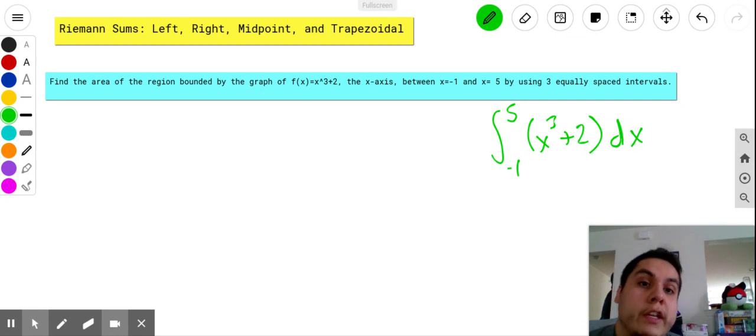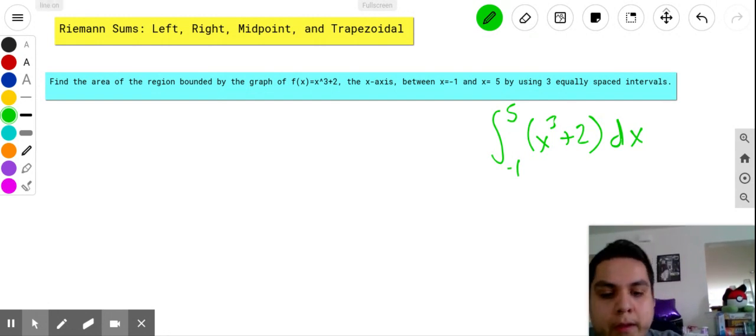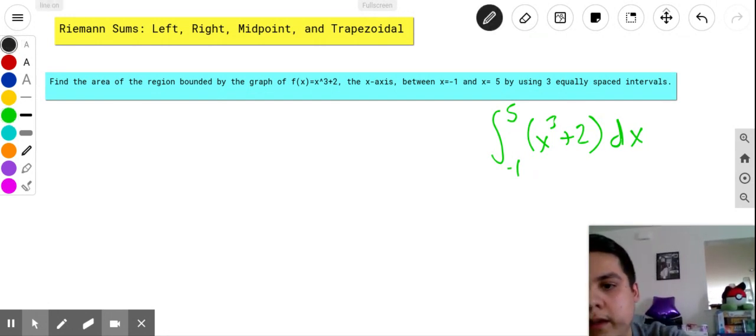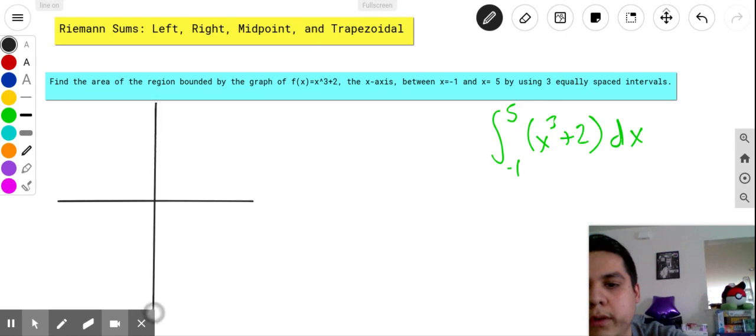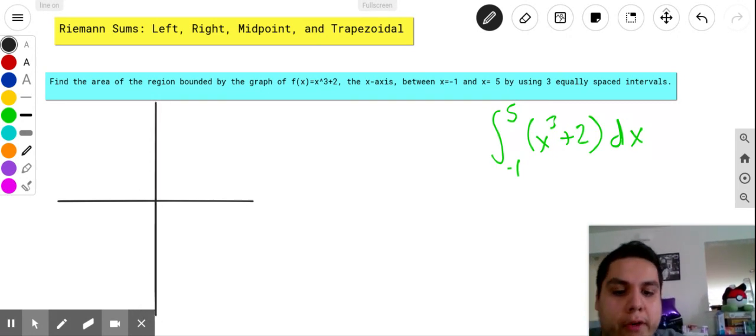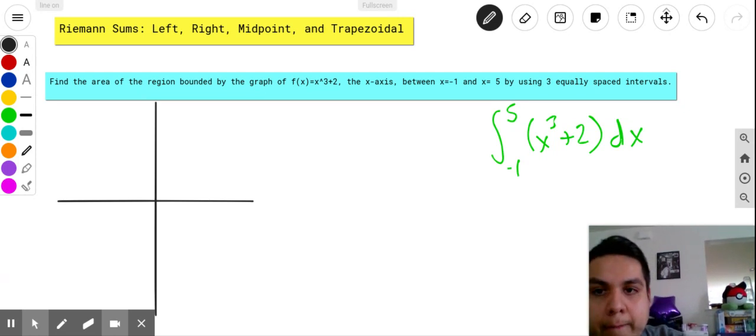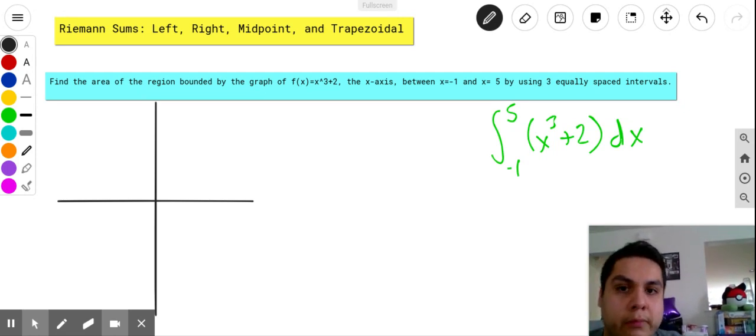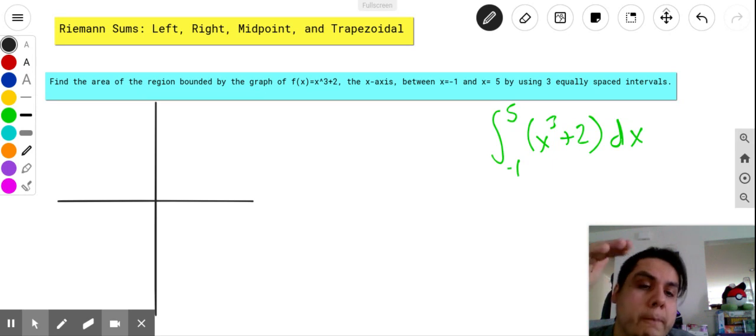So to do this, we need to create a visual of this graph. So, let's get drawn. First, I'm going to start off with my axes. And because I remember what a cubic function looks like, the plus 2 just moves it up 2 spaces.